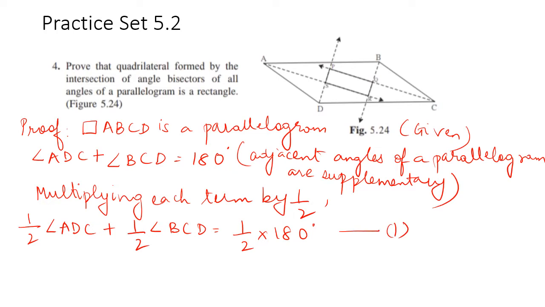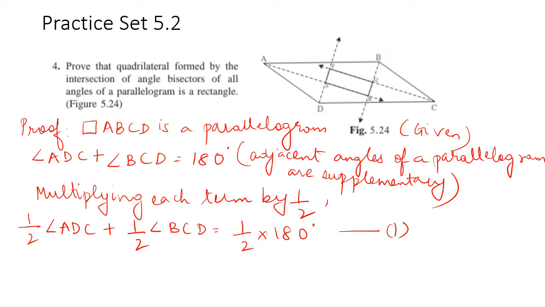This is your first statement. But it is given that we have the angle bisectors, so half of angle ADC is equal to angle PDC. Similarly, half of angle BCD is angle PCD, because it is given that DP is the angle bisector of angle ADC and CP is the angle bisector of angle BCD.